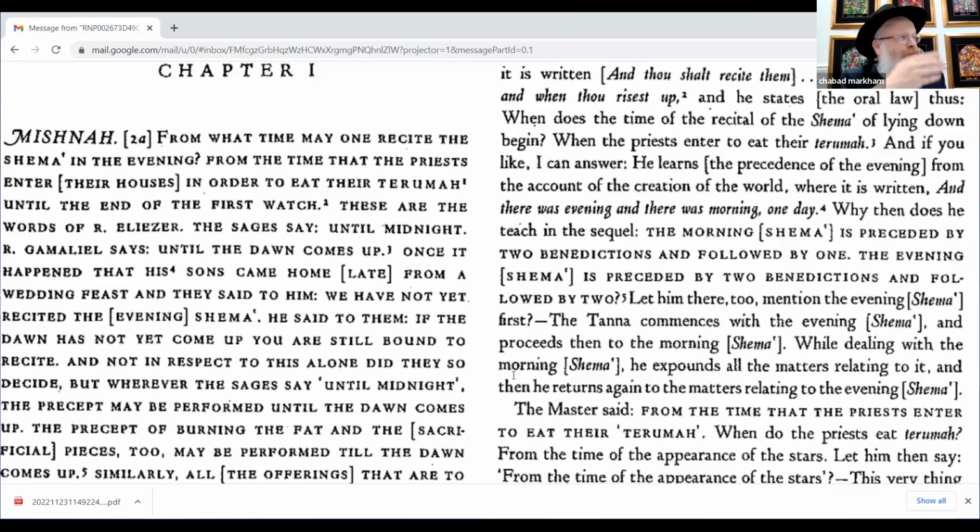Right. So if you say the whole time of sleep, then it would be Rabbi Gamliel. Rabbi Gamliel says, say till daybreak, till you wake up. Any time within the time of sleeping is the appropriate time. So that seems to be the foundation of the argument, which makes sense. That's just a very simple question of interpreting the verse, right?